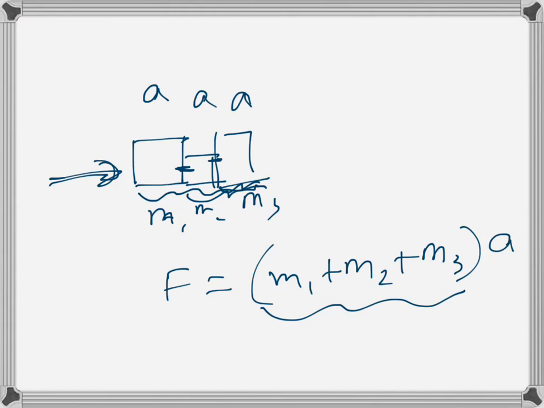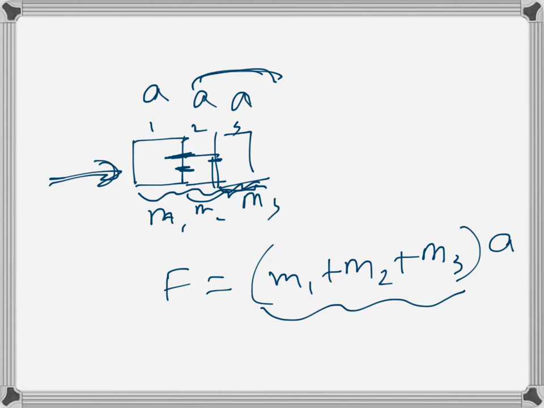Once we know the acceleration, we can find the force between blocks, let's say 1, 2, and 3. The force between 1 and 2 would be the sum of the masses of the remaining two blocks on the right side times the acceleration.